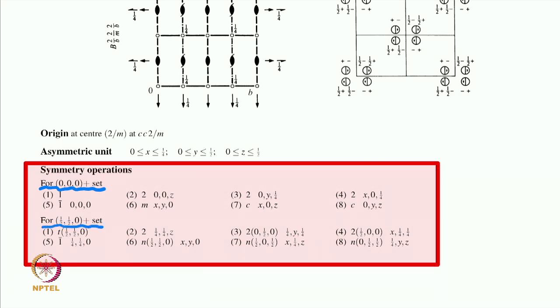That is because this is a C centered lattice. The second block, half half 0, is the centering translation for this particular lattice. So, 0 0 0 is the origin, you can say, and half half 0 is the centering translation.